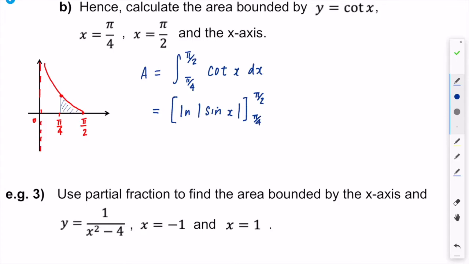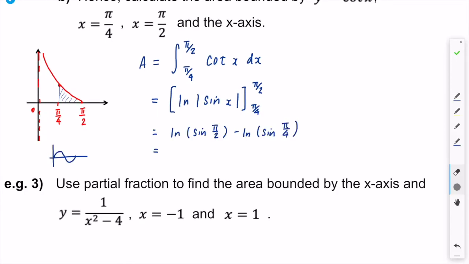Very good. Here we're going to have ln of 1 minus ln of 1 over root 2, which means that we have ln of root 2.